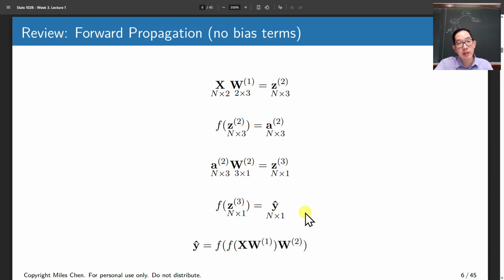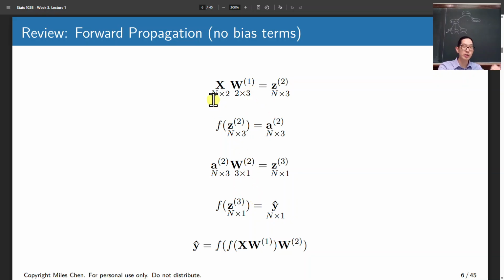What we want to do now is figure out what values we should put into W1 and W2 so that our predicted values y hat are as close as possible to the actual values of y. So we want to minimize the distance between the actual values of y and our predicted values y hat, and the only things we can really change are the values inside our W matrices.